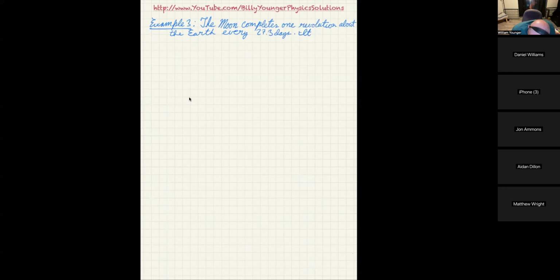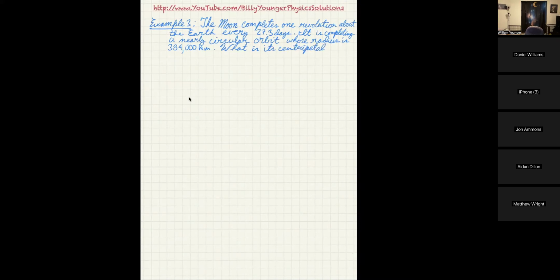So it is completing, I should say, a nearly circular orbit whose radius is 384,000 kilometers. What is its centripetal acceleration?